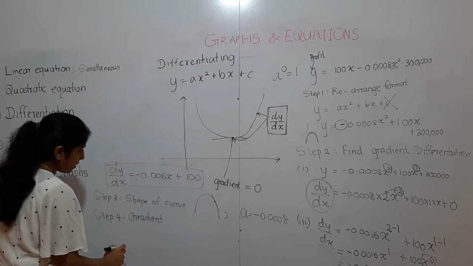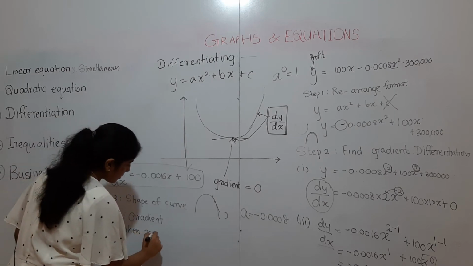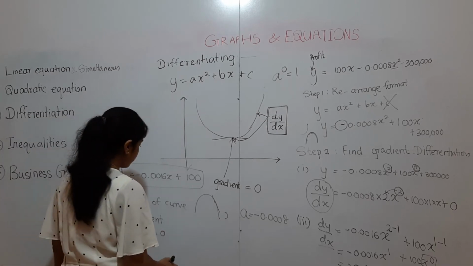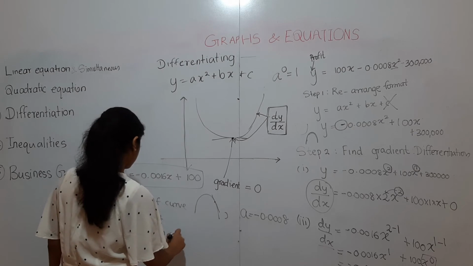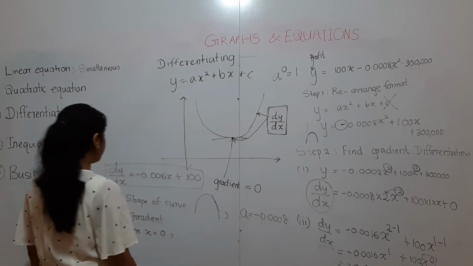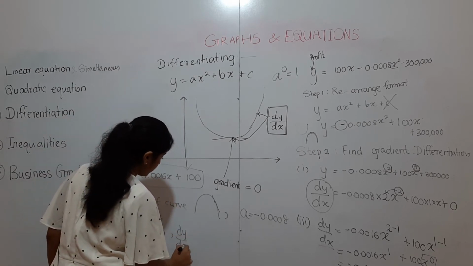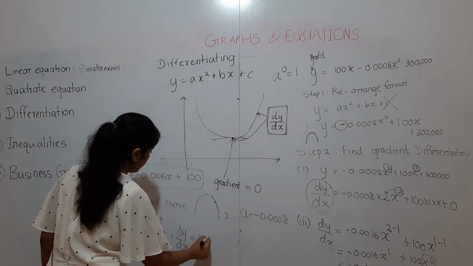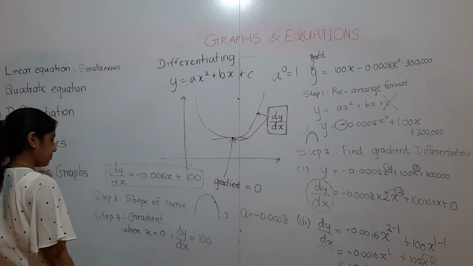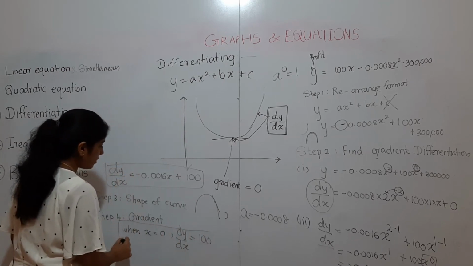That is, when x equals 0, what is dy upon dx? It is basically 100, because this part becomes 0 and it becomes 100. That's all you need to do to find the gradients.